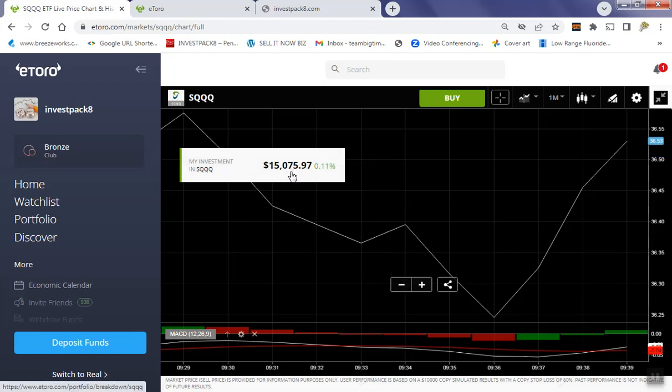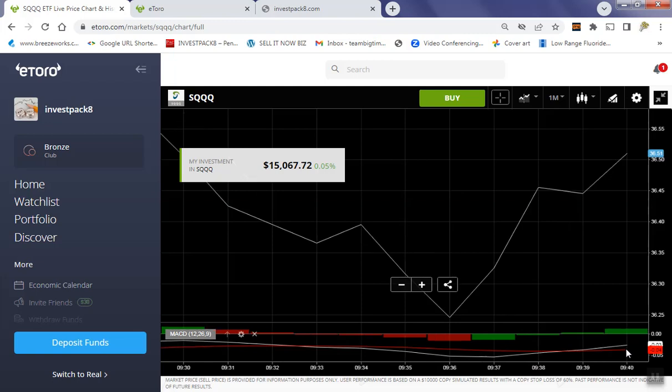Watch your profits. See, as long as this white line has gone up through resistance and it stays up there, you don't have to worry about losing any money or going backwards.